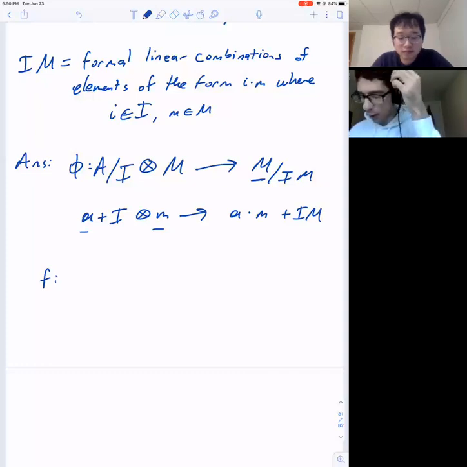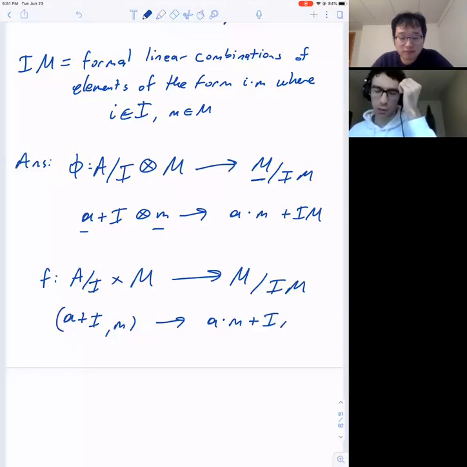Okay, so let's take this map. Let's take this map F. So it's not A mod I tensor M, it's A mod I cross M, direct product. So let's do this map. Okay, so let's actually prove it is bilinear.